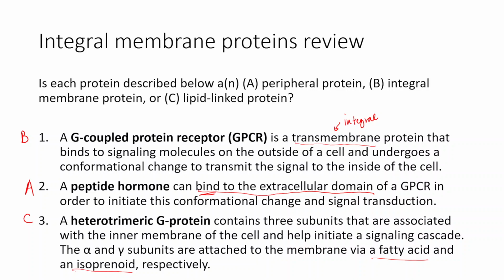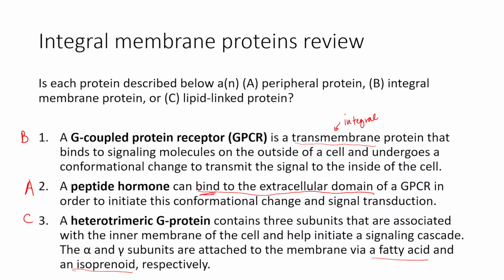The tail of the fatty acid or the isoprenoid just physically sticks right into the membrane and interacts with the fatty acid tails that are the inside components of the bilayer. Basically, it's a little leash where the G protein is hanging off into the middle of the cell.